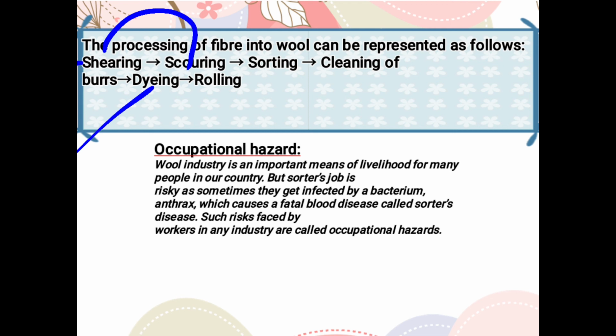Now one more thing that we have to study is the occupational hazard. The wool industry is an important means of livelihood; most of the people living in our country are dependent on the wool industry for their livelihood. But for the people who are doing the sorting, the job is very risky because a kind of bacteria is found on the skin of the sheep, on the sheep's body, and that bacteria is called anthrax bacterium.